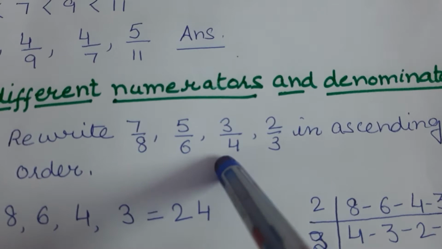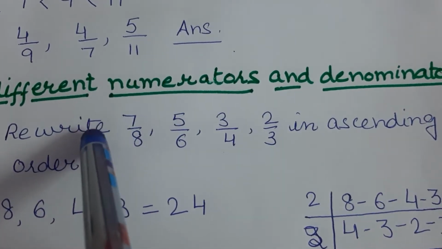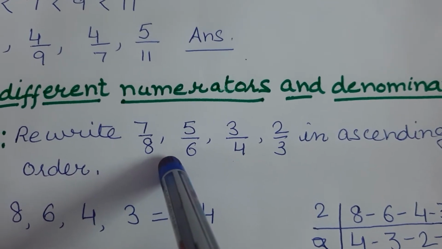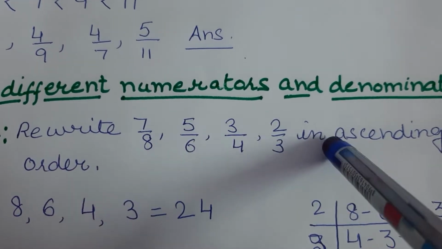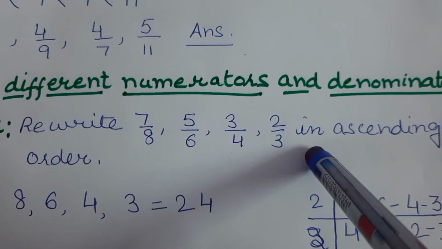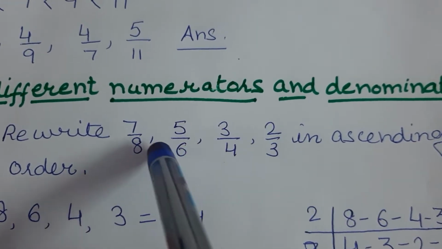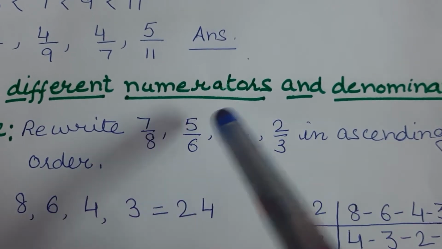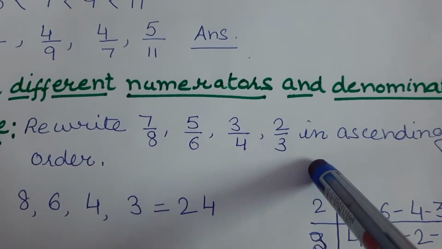It means in this sum first we will make these unlike fractions into like fractions, with different total parts made the same. So first we will make their denominators the same.